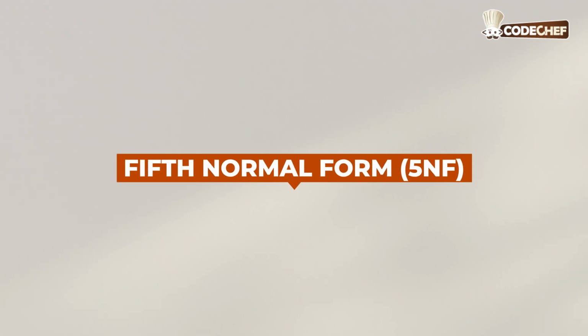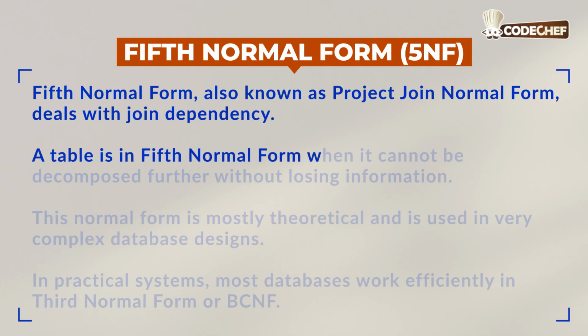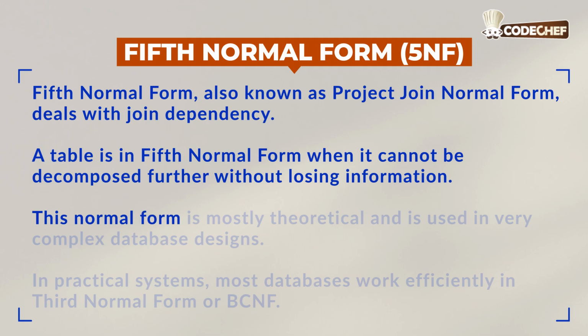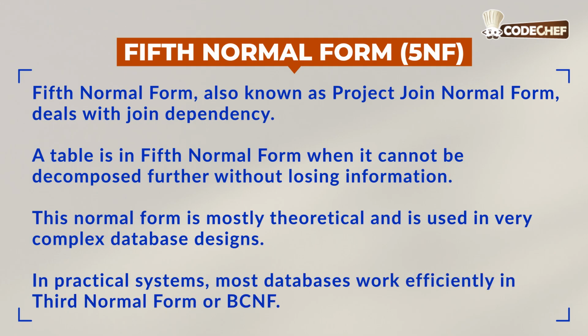Fifth normal form or 5NF. Fifth normal form, also known as project join normal form, deals with join dependency. A table is in fifth normal form when it cannot be decomposed further without losing information. That means it is already in fourth normal form, because in fourth normal form we are splitting the data in such a way that each table has a single independent relationship.